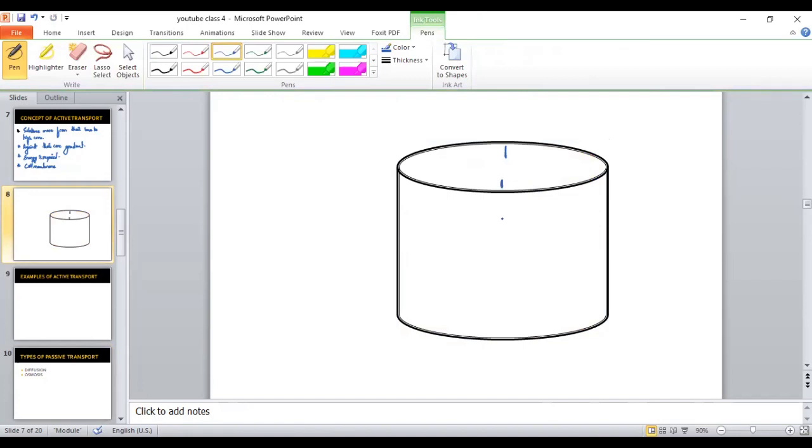Again, this is region A and this is region B. Let's suppose this substance, nutrients, has high concentration in region A and low concentration in region B. Instead, the direction of movement is B to A, from low to high.